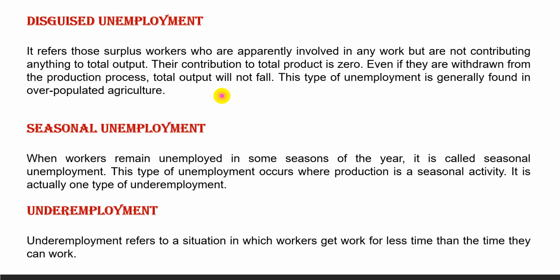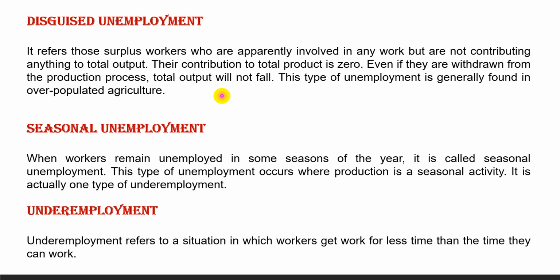Let us take an example to understand the meaning of disguised unemployment. Suppose a farmer has 4 acres of land and he actually needs only 2 workers and himself to carry out various operations on his farm in a year. But if he employs 5 workers and his family members, such as his wife and his children, this situation is known as disguised unemployment.